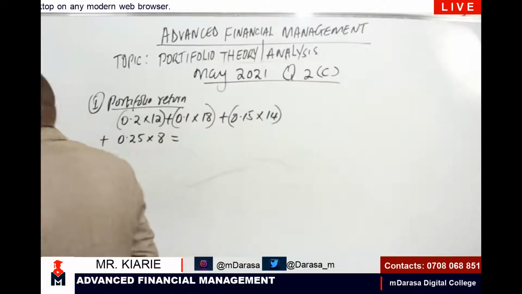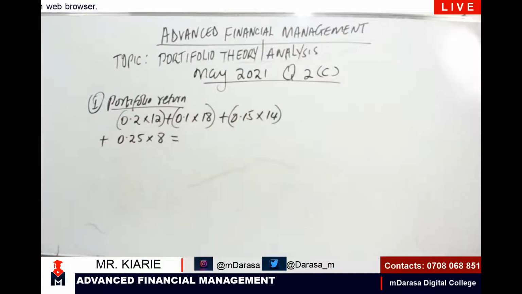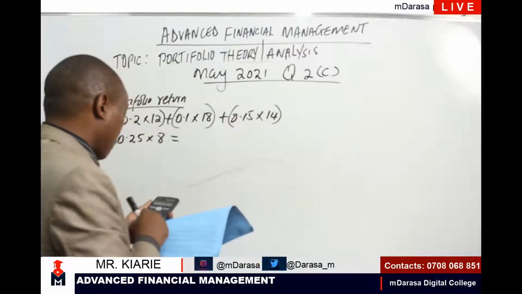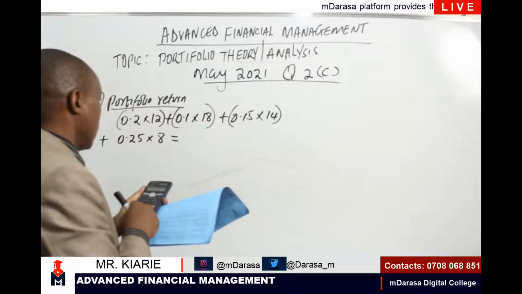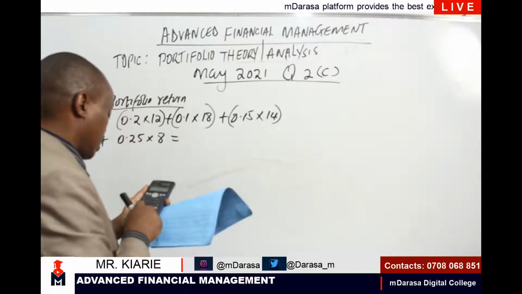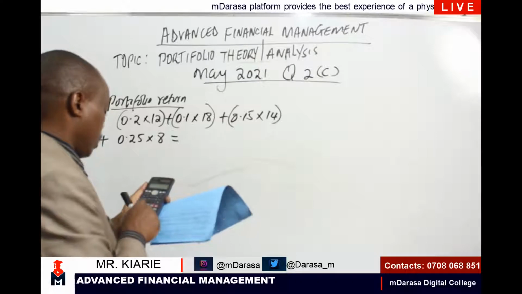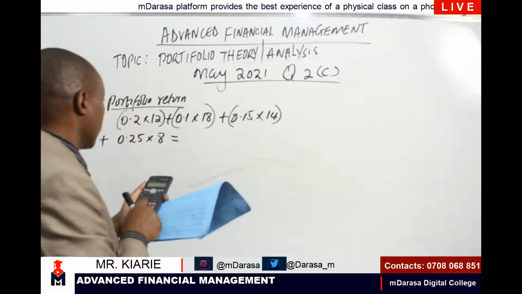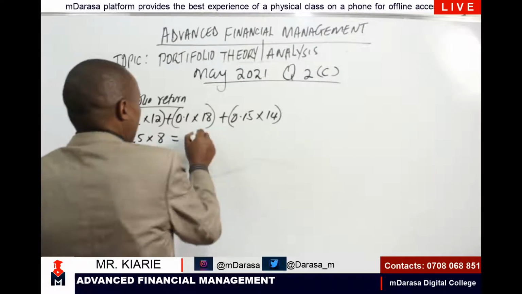You work it out: 0.2 times 12 plus 0.1 times 18 plus 0.15 times 14 plus 0.25 times 8. I'm getting 8.3%.